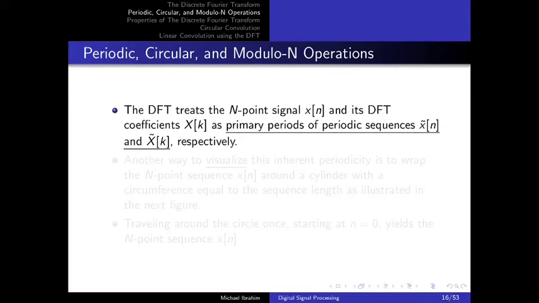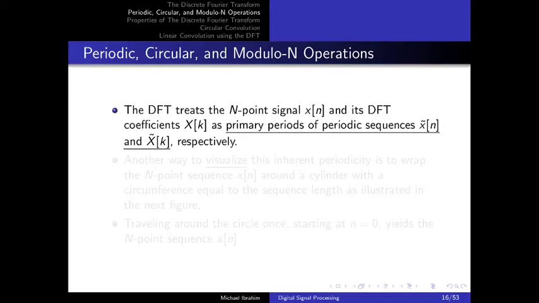We need to consider that x of n is seen as one period of a periodic signal and x of k as one period of a periodic signal. And we need to apply the property, be it shifting in the time domain or shifting in the frequency domain or mirroring in the time domain or mirroring in the frequency domain or whatever property, on the periodic signals x tilde of n and x tilde of k.